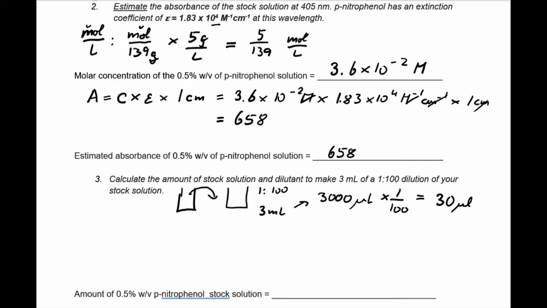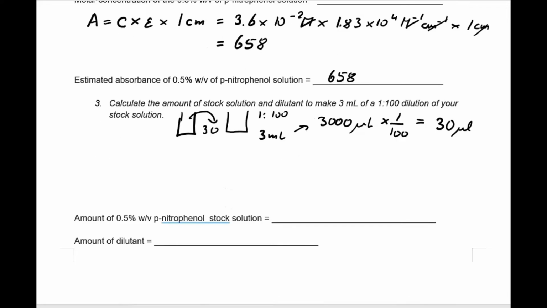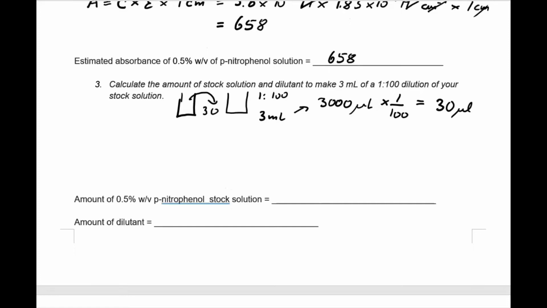So we need 30 microliter of our stock solution, and put that together with the dilutant so that we get in the end 3000 microliter. So the amount of the paranitrophenol solution here would be 30 microliter. And the dilutant that we want would be, so that if we add it to the amount of dilutant, we would get 3000.